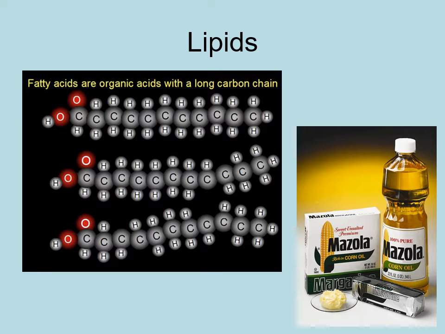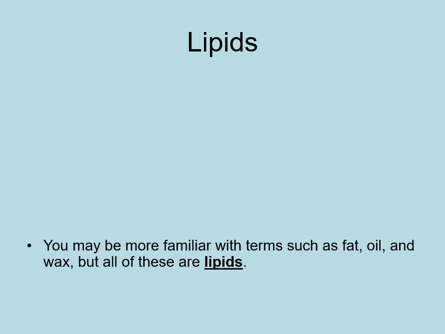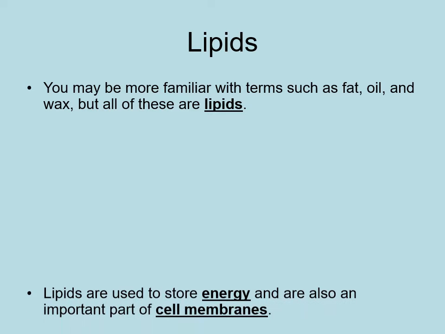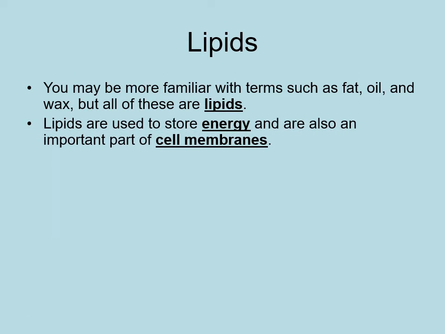Our next one are lipids, which are made from 3 fatty acids and a glycerol. And these are our oils, our fats, and waxes, but all of them are lipids. And these are long-term energy. So we don't break them down until we really need to, because this is long-term.